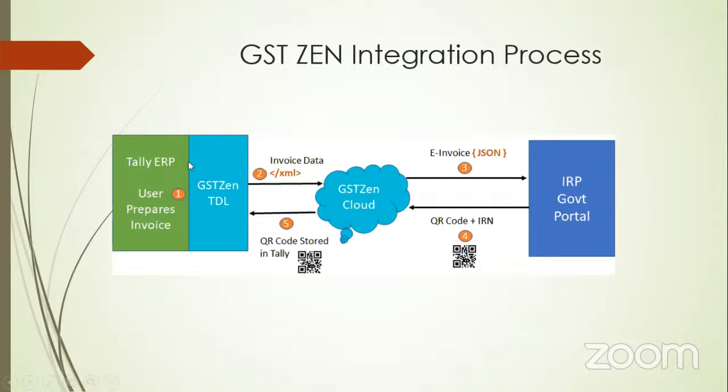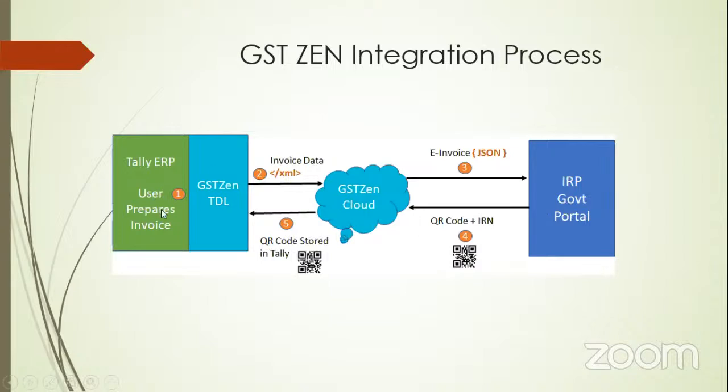Once the TDL is installed and you click on generate e-invoice, the data from there in the form of XML is sent to GST Zen Cloud, where the data is validated. After validation, it is converted into JSON and sent to IRP. From there, once the e-invoice is generated, we get the QR code and IRN. It is stored back in Tally.